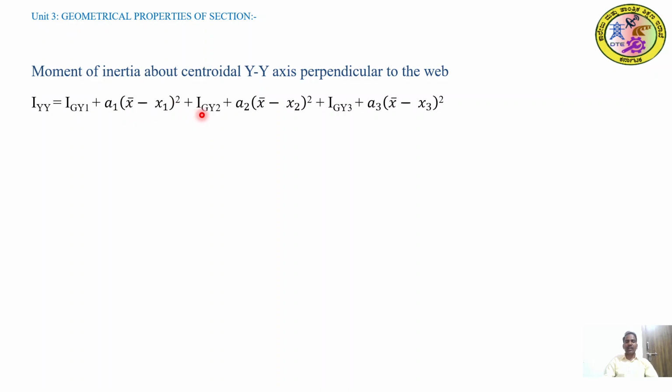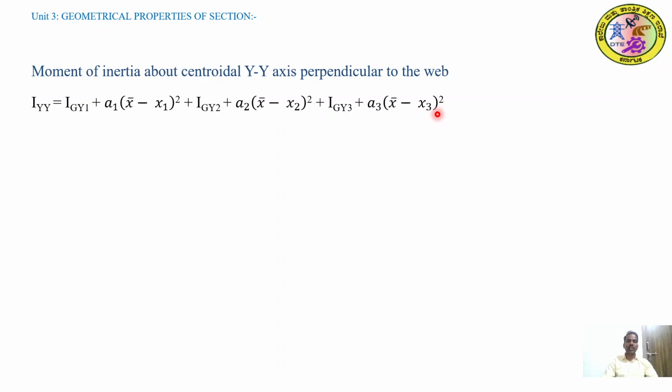In the same manner for the second rectangle, moment of inertia of the second rectangle with respect to the y axis and the area of the second rectangle, centroidal difference of the second rectangle with respect to the whole section squared, plus moment of inertia of the third rectangle with respect to the y axis plus area of the third rectangle multiplied by the third rectangle's centroidal distance squared.